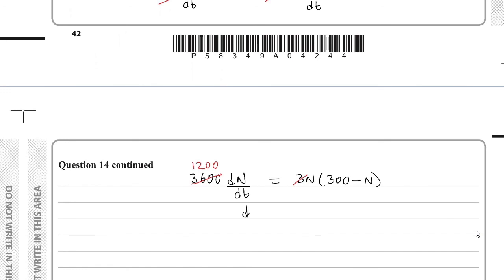And therefore dn/dt is n(300 minus n) over 1200 as required. So that was part B for 4 marks.